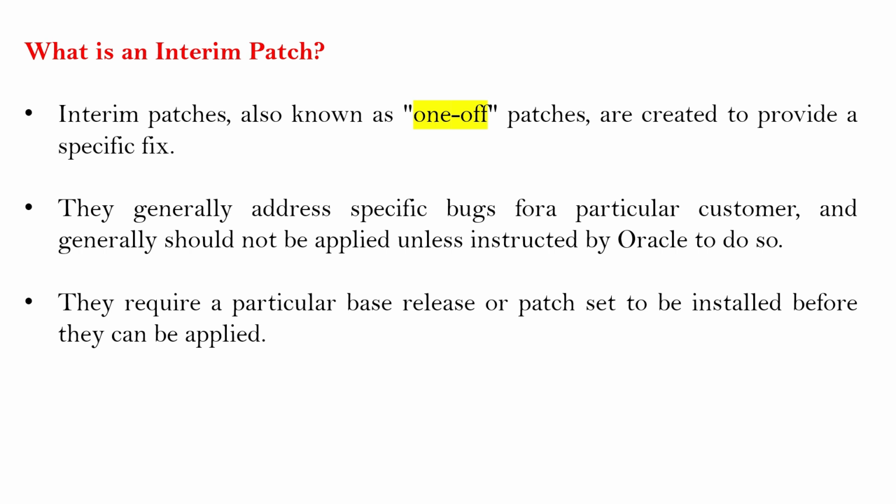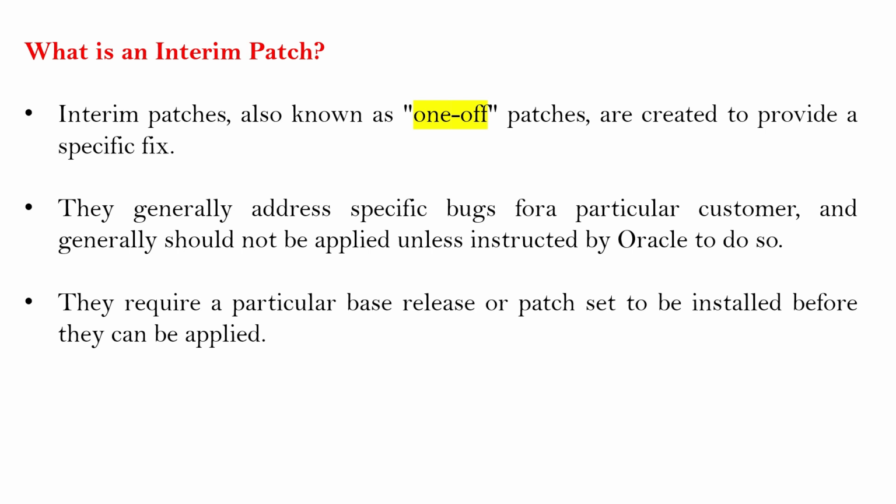So this kind of patch needs to be fixed across the customers, or across the product. So this is called a one-off patch that may be rolled over in the next subsequent patches, which can be applicable for all the customers. But as of now, when a particular customer hits a particular bug and is going to apply the patch released by Oracle specifically for that customer, this is called the one-off patch or the interim patch.